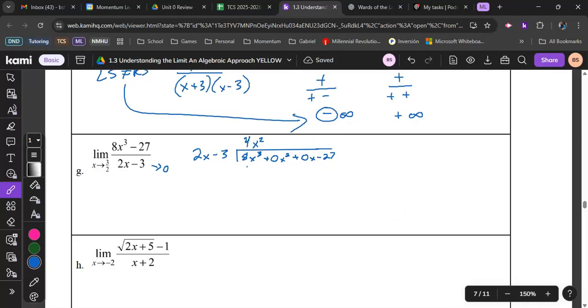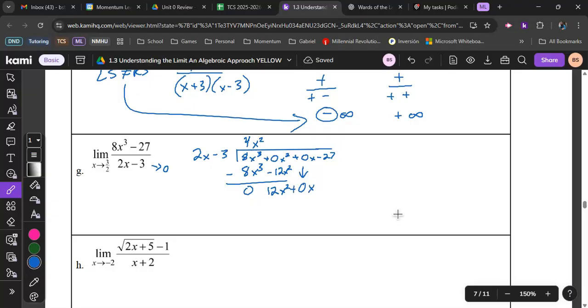So then I multiply. 4x squared times 2x minus 3 is 8x cubed minus 12x squared. Then I subtract. This is 0. Because what's 4x squared times negative 3? Negative 12. Then I'm subtracting, so this becomes positive 12x squared. Then I'll bring down the next term.